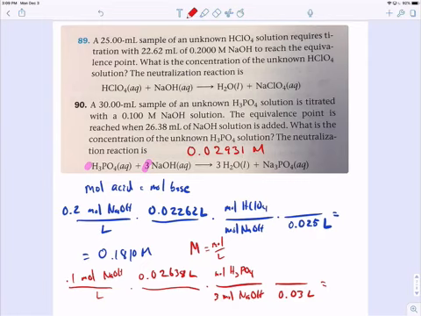So now you have moles of phosphoric acid divided by the volume, the concentration. Capital M means moles per liter.